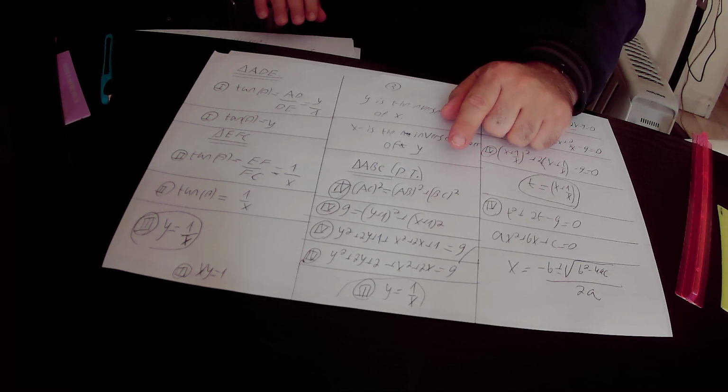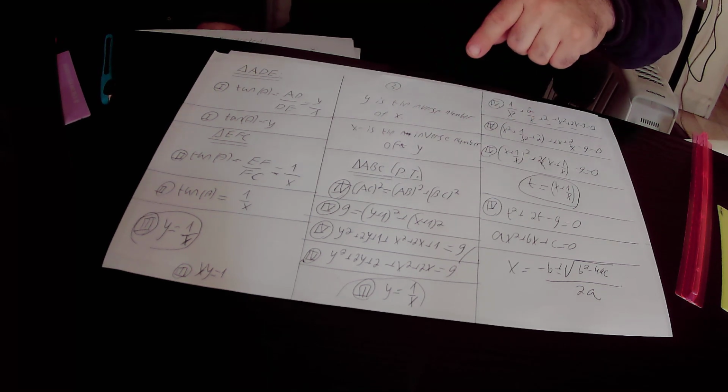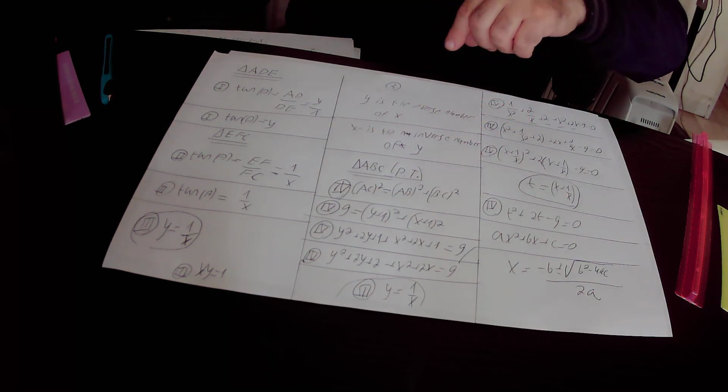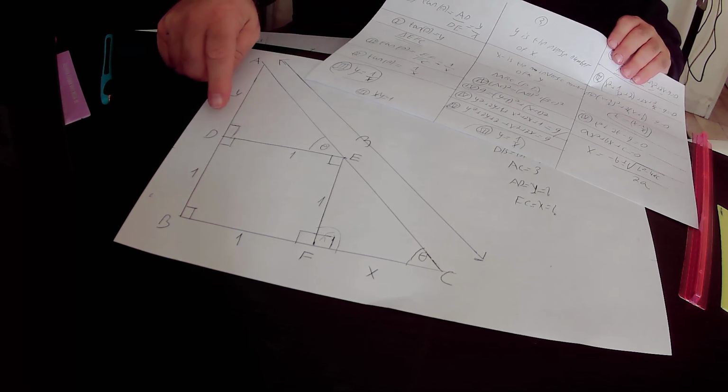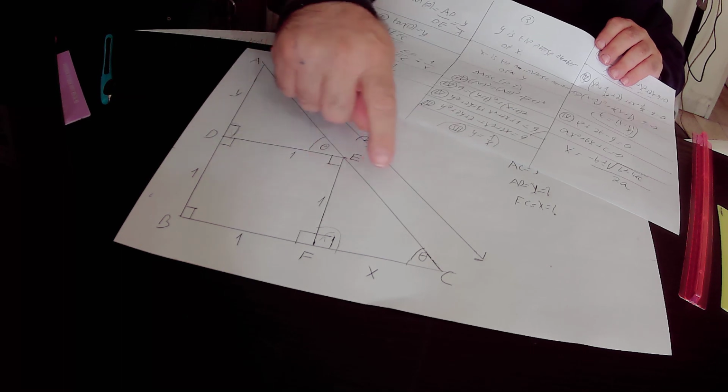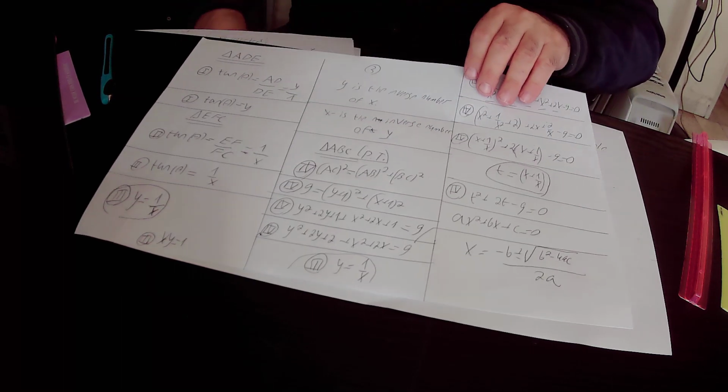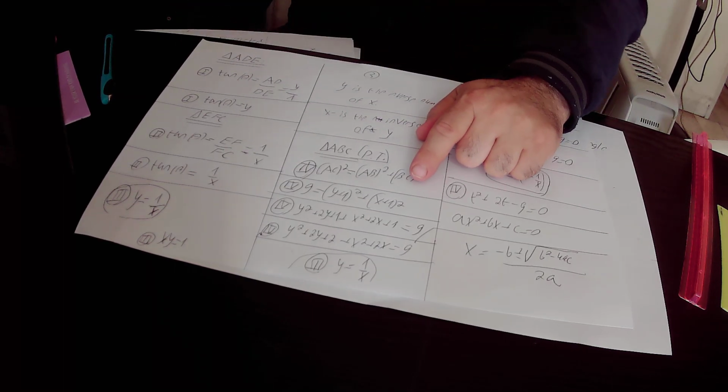AC equals 3, so AC squared is 3 squared, which is 9. AB equals Y plus 1, so AB squared equals Y plus 1 squared. BC equals X plus 1, so BC squared is X plus 1 squared. So in conclusion, according to equation number 4, 9 equals Y plus 1 squared plus X plus 1 squared.